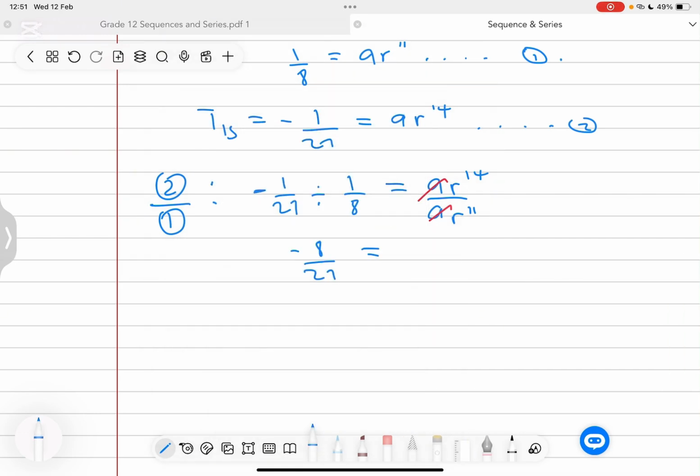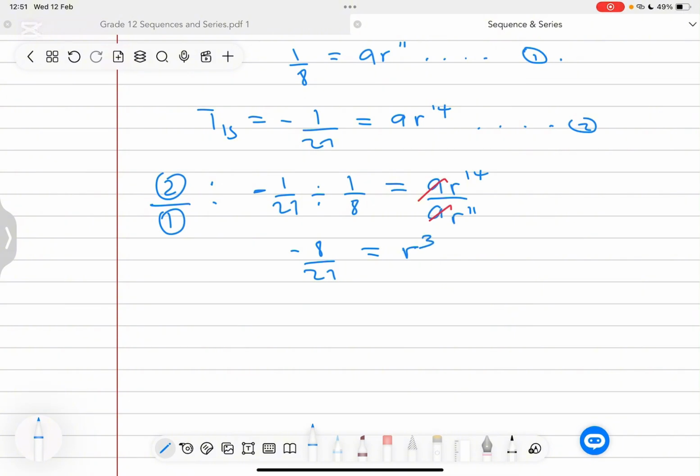Now for us to find r, I keep the base, because I can see that I have powers that have the same base. So I'll keep the base and subtract the exponents. When we say we're subtracting the exponents, it means I'm going to have 14 minus 11. And we know that 14 minus 11 gives us 3. So here I'm going to have r to the power 3.